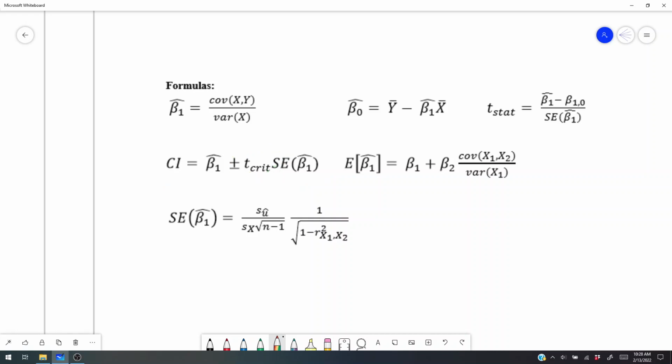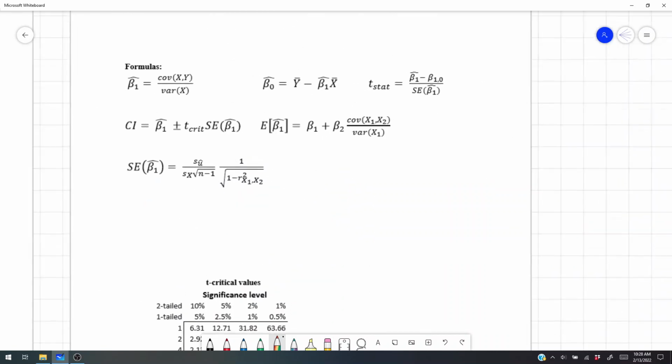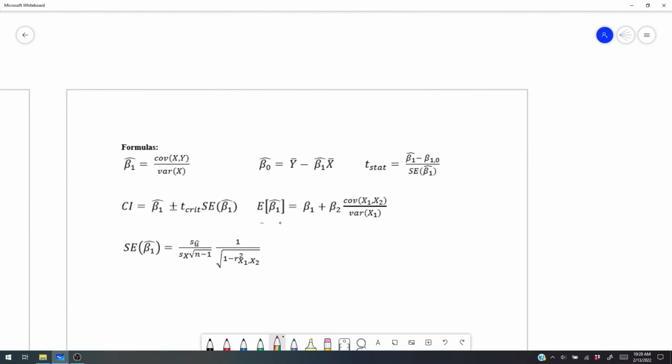Easy. We've also got over here the formula for the expected value of beta 1 in a simple regression when we've omitted a variable that should have been there. So here we're looking at a scenario where you should have two variables in the model and you only put one. Okay? And we can generalize that later to larger numbers.